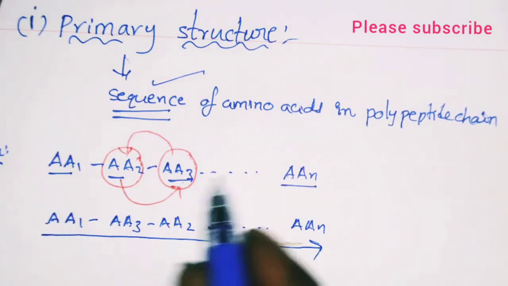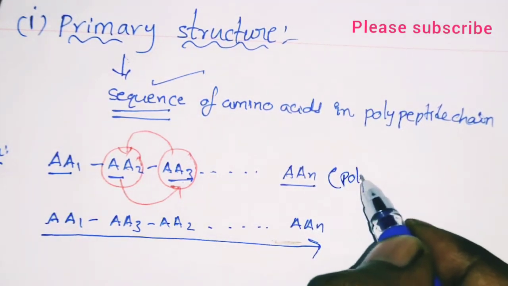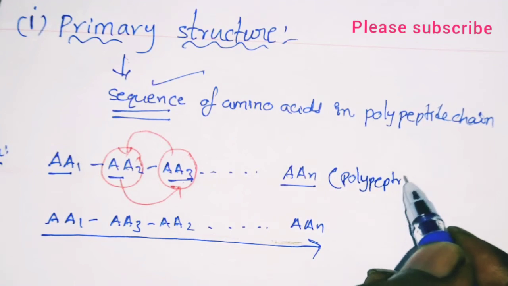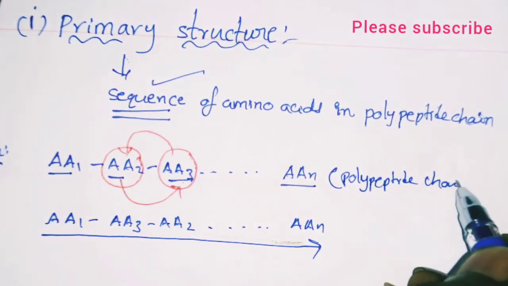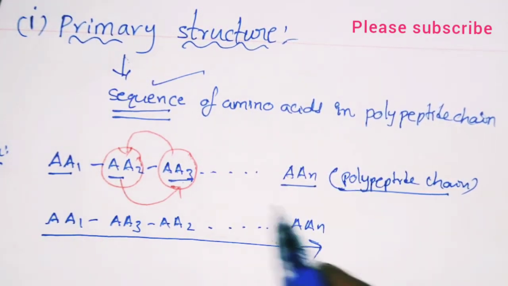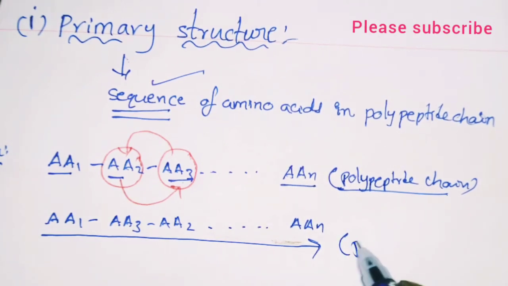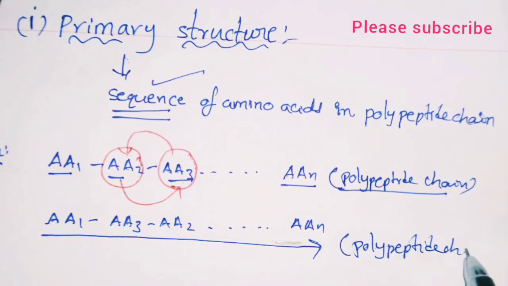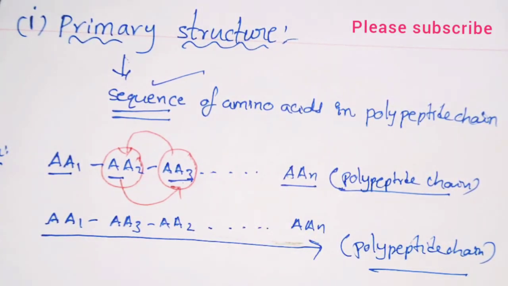This is one polypeptide chain. It is also a polypeptide chain. Whenever you change the sequence, you will get another polypeptide chain. It is also a polypeptide chain, but it is different from the first one. Why is it different?